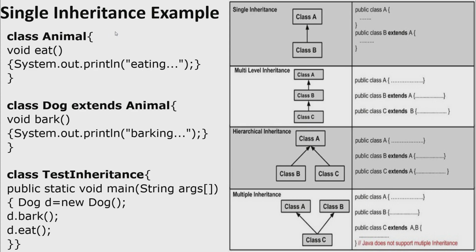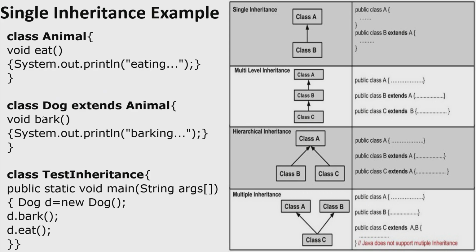Example for single inheritance is class animal. See, here I have created one class called animal. It has a specific behavior called eat. So all the animals could eat. Void eat, System.out.println of eating. Eating will be printed in this method. Class dog extends the properties of animal.